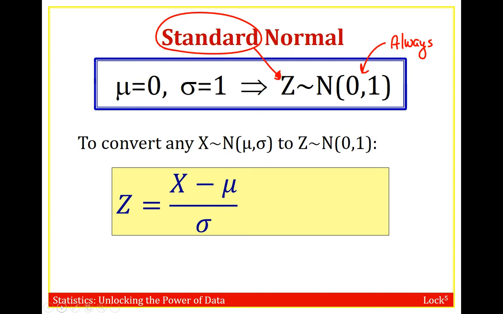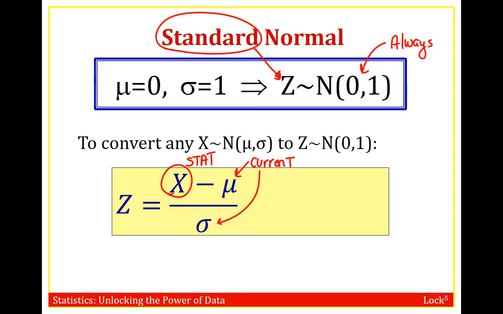So here's how we calculate a standard normal, a z-score. A z-score is: take the data point that you have, so this is the stat that you currently have. Maybe it's a score, maybe it's a height, maybe it's a weight, I don't know, it's something. We're going to subtract its current mu value, and we're going to divide by the current standard deviation.